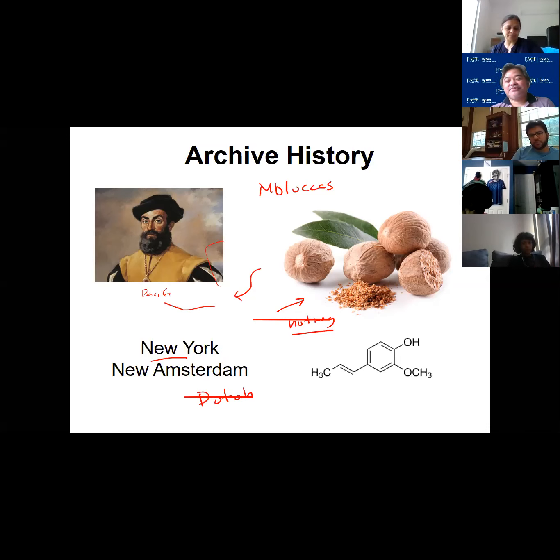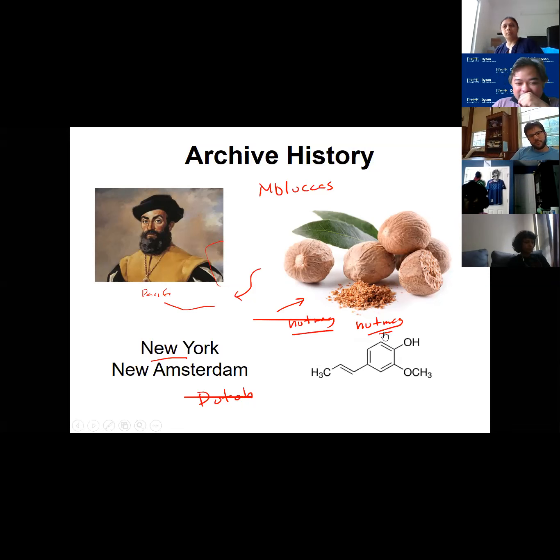So what happened? The Dutch were controlling what we call the market of nutmeg. So the Dutch people were willing to give up New York, which is New Amsterdam during that time, if the English were willing to give one of the islands in the east that contains the nutmeg.